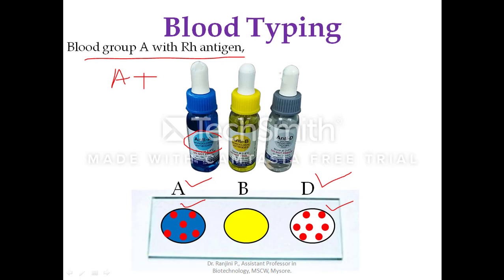So that's why we find the precipitation both in the A circle and the D circle.